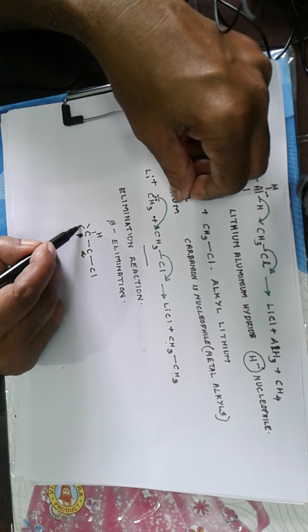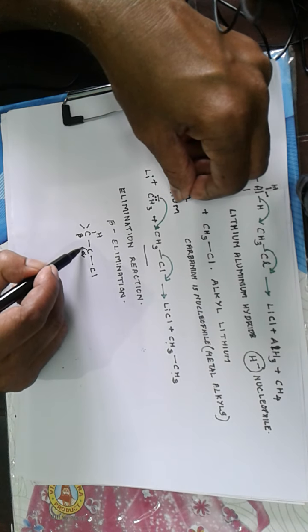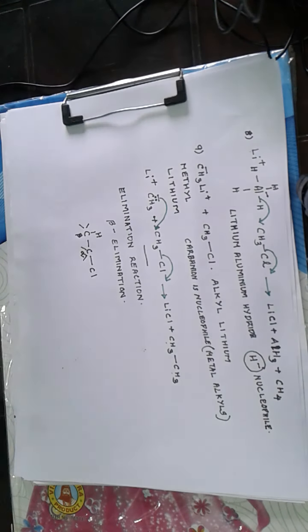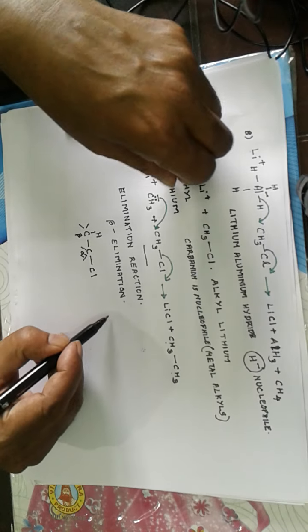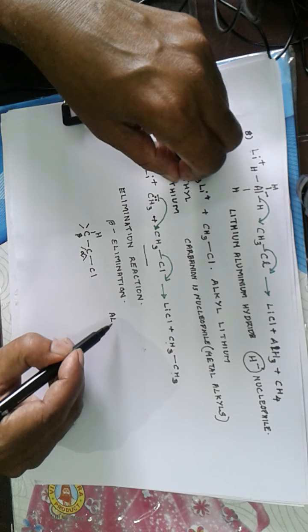Now there will be valencies over this carbon. For beta elimination, we require a powerful base. An efficient base is needed, and the base usually used is alcoholic KOH.